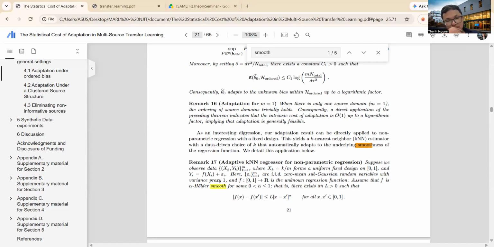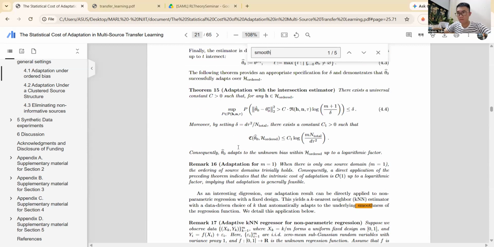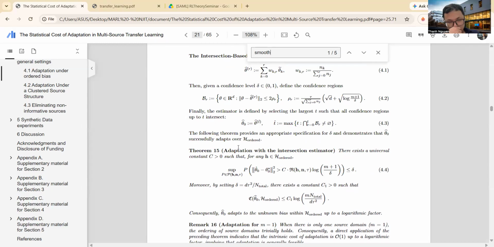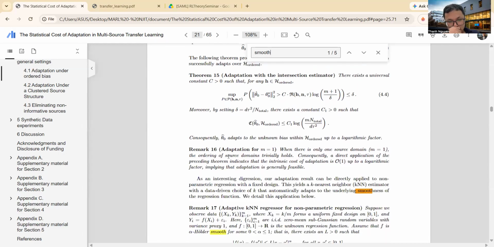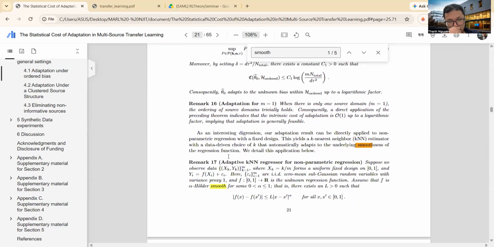So what is the result from? Can you scroll up a bit? Okay, that's the intersection estimator. Can you scroll down a bit? That is the proof for the intersection estimator. Can you scroll down to the next page?